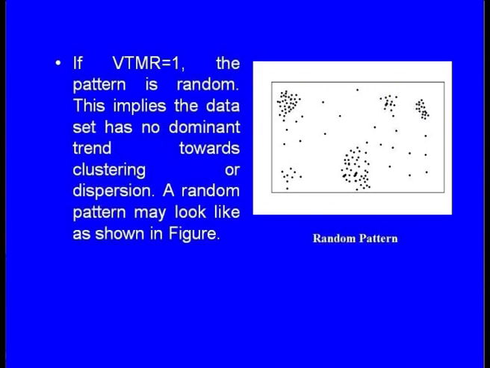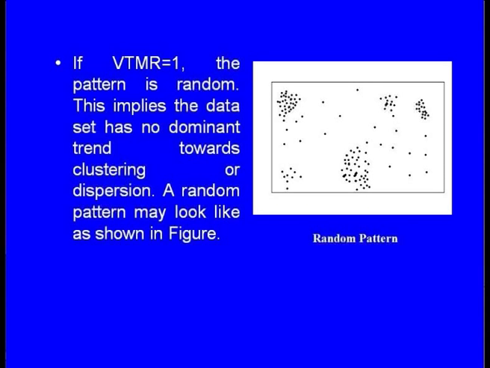The third condition is VTMR is equal to 1, that is, the pattern is random. This implies that the data set has no dominant trend towards clustering or dispersion. A random pattern may look like as shown in this particular figure.